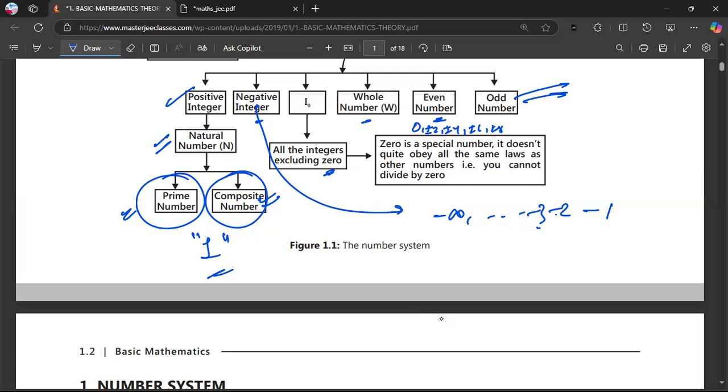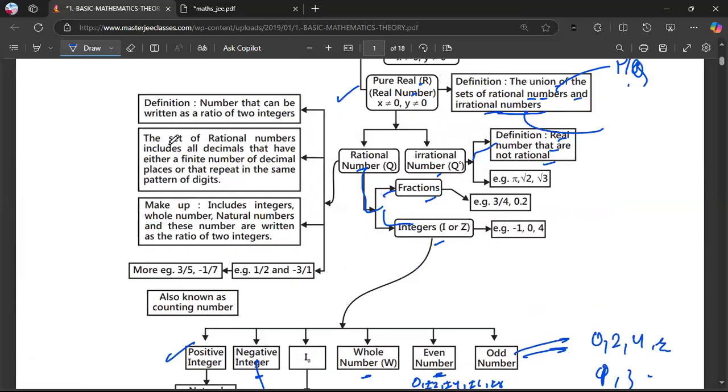Otherwise, even numbers are basically considered as 0, 2, 4, 8, and odd numbers are 1, 3, 5, 7, like this. Whenever we write number, we generally consider them as natural numbers. Otherwise, even integers will have the plus minus sign included. Clear? Yes, sir. This is also a revision.